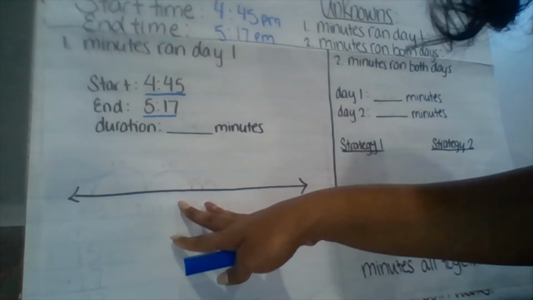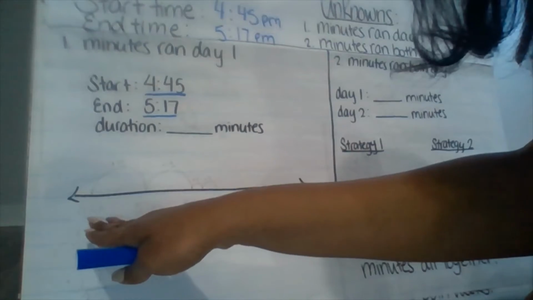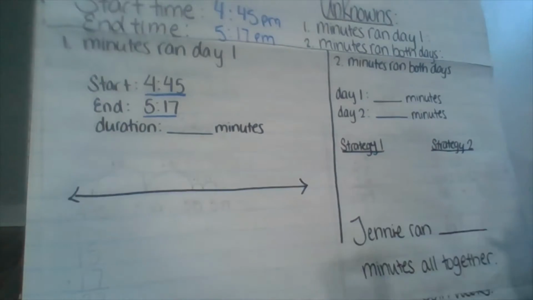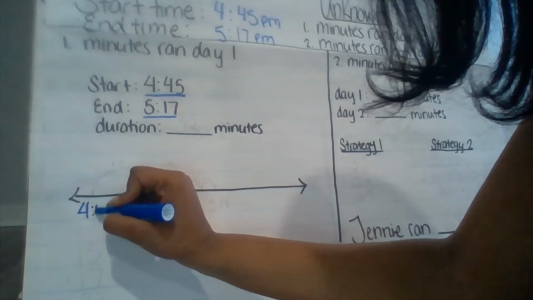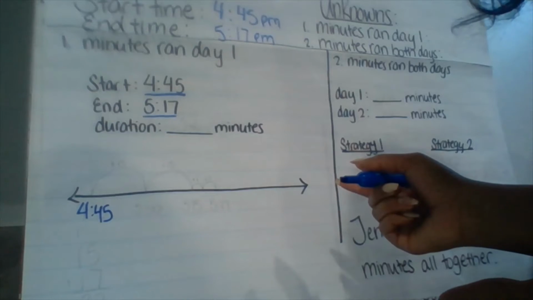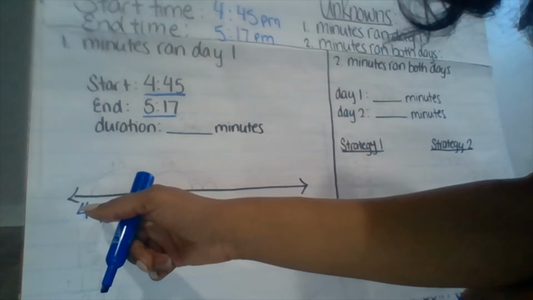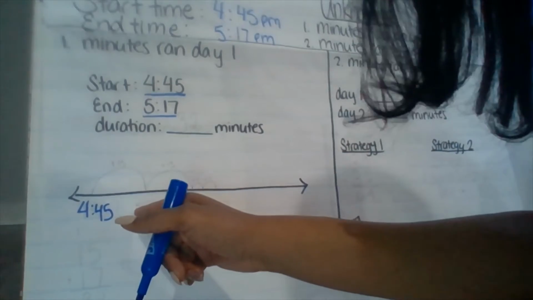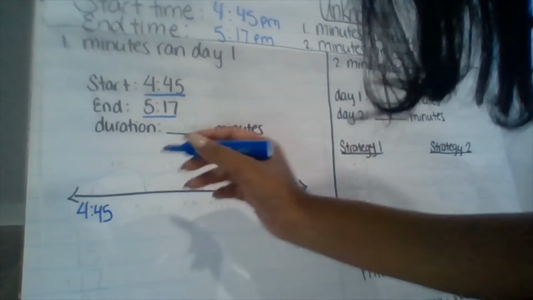We know that on a number line, the numbers increase from smallest to largest. So here I have to put my start time at the beginning of the number line, which is 4:45. And I also know that she ended at 5:17. Because I noticed that 4:45 is 15 minutes from the top of the hour, which is 5 o'clock, I'm going to draw my number line in increments of 15 minutes.